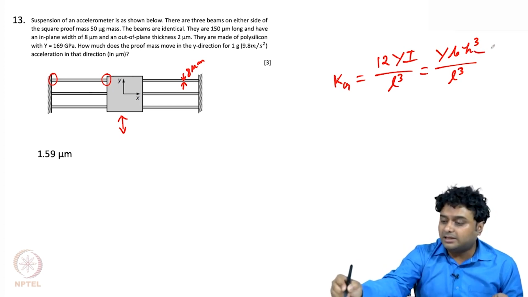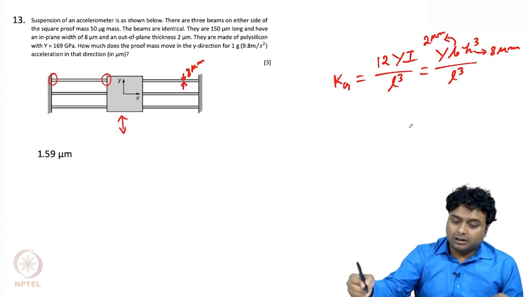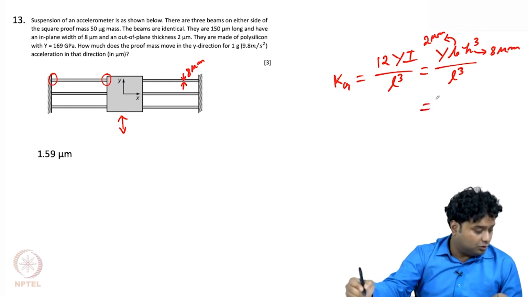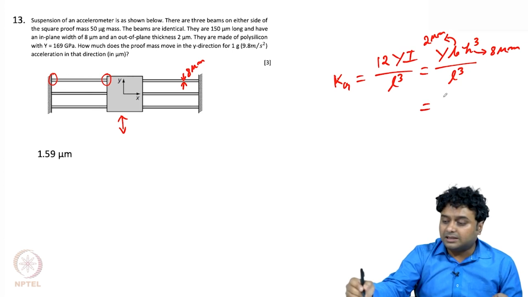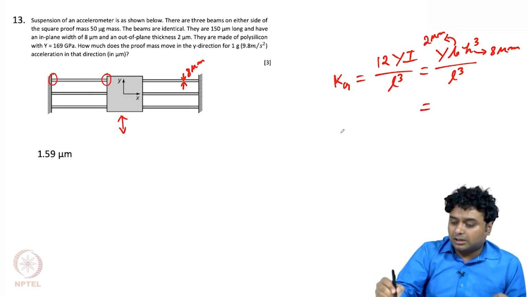So now h is actually 8 micron and b is actually 2 micrometer, right. And L you already know, 150 micron, and Y is given as 169 GPa. If you put those values, then you will get the kg, but let's directly calculate the k equivalent.